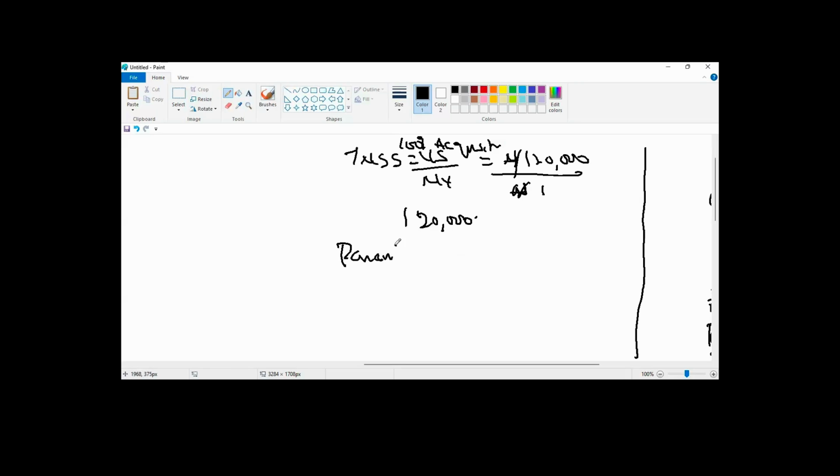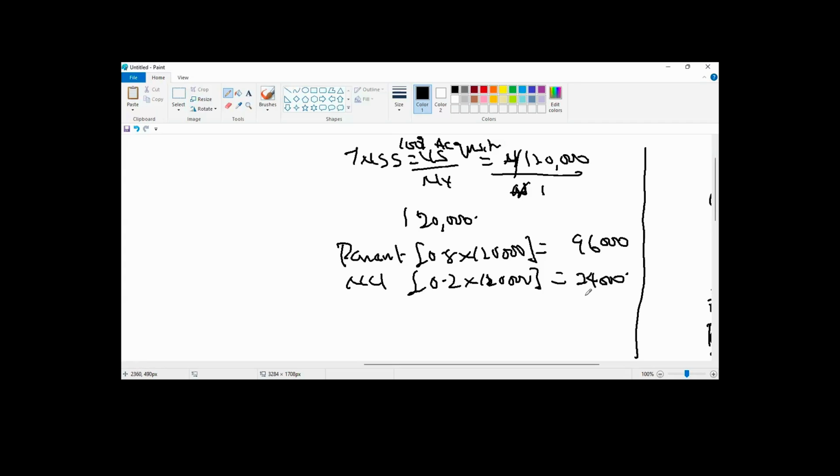Parent has 0.8 times 120,000, which is 96,000, and NCI has 0.2 times 120,000, which is 24,000. Still 120,000.